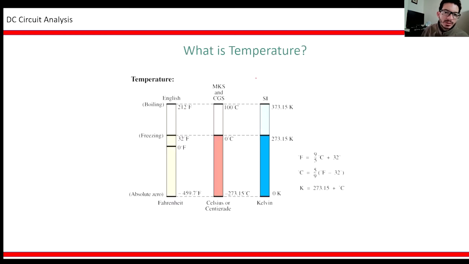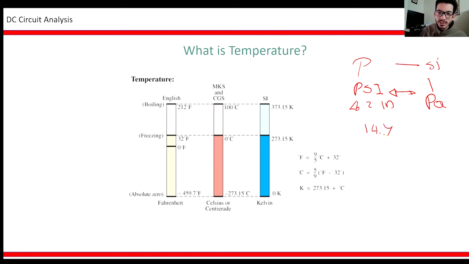Now, what about temperature? We haven't talked about temperature or pressure. Pressure in British units is PSI, pound per square inch, and in SI it is Pascal. 14.7 psi is 101 kilopascals.